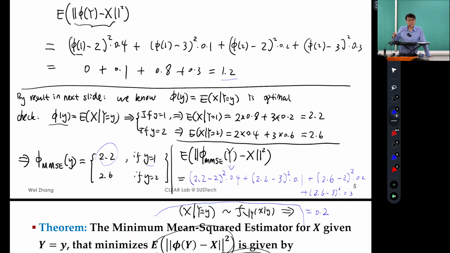So how to design the best estimator? Conditional expectation. If you know that, you know almost everything about estimation theory. Well, there are other ways.